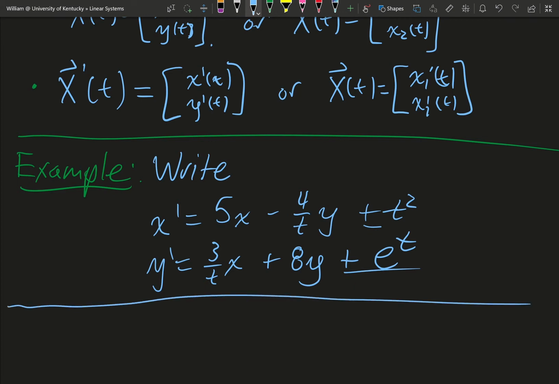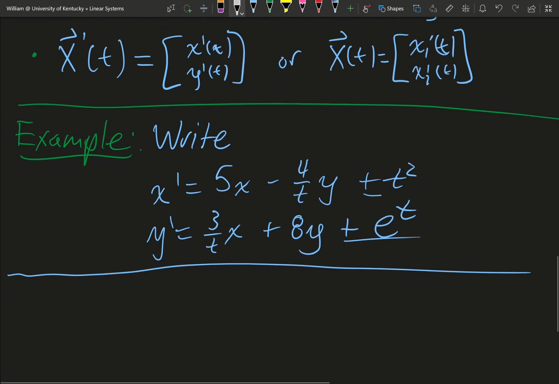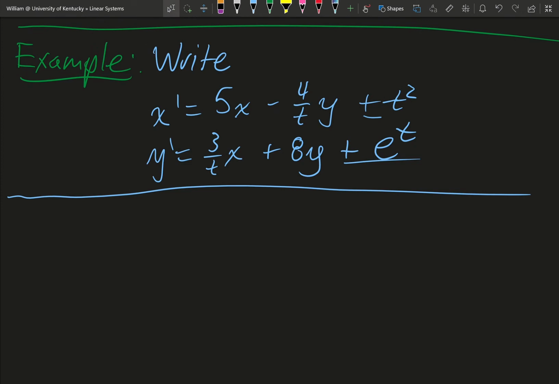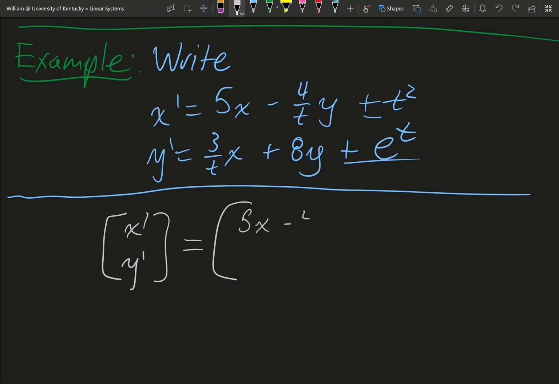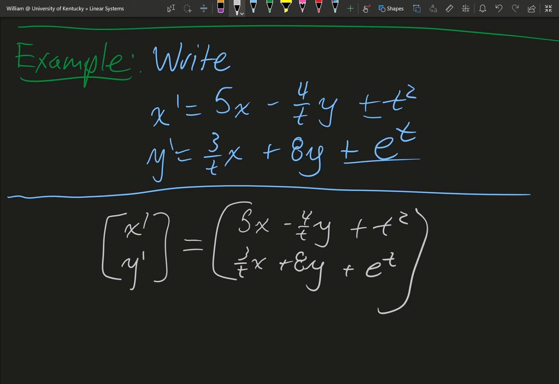So let's still see if we can write this in terms of some sort of matrix form. So we could still obviously represent this, the naive way, x prime, y prime, equals just, vector 5x minus 4 over ty plus t squared, 3 over tx plus 8y plus t squared. I mean, we could represent any system of equations with that, but it's not really that interesting.